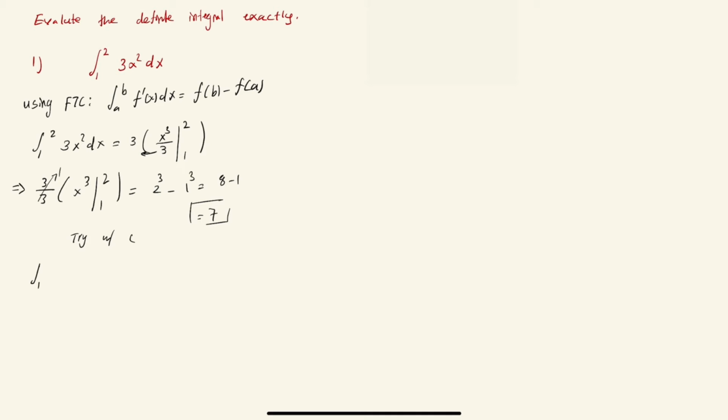Now let's try taking the antiderivative with a constant c. This is the same definite integral: 3 multiplied by the antiderivative of x squared. That's going to be x cubed over 3 plus c1, evaluated at 2 and 1. I'm going to pull 3 out, so I multiply what's inside the parentheses by 3.